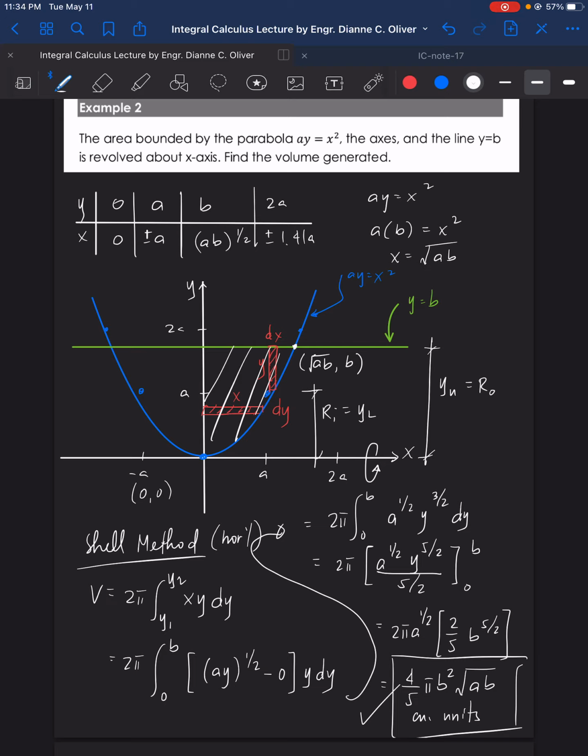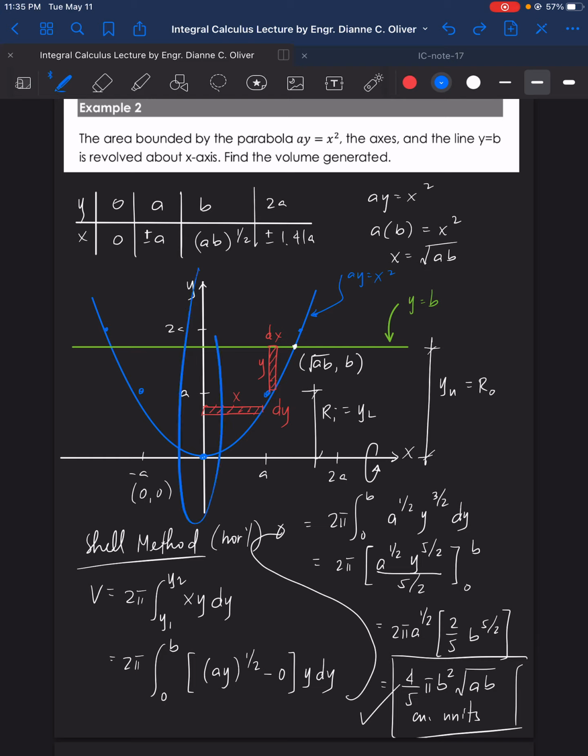And by the way, I forgot to mention why I took the first quadrant. It's because the boundary of the plane area is the parabola and the axes. This is their axes, the plural of axis, meaning the boundary includes the y and the x-axis.